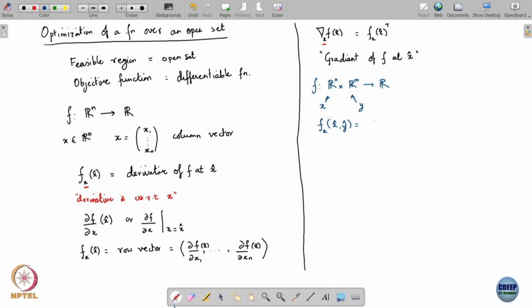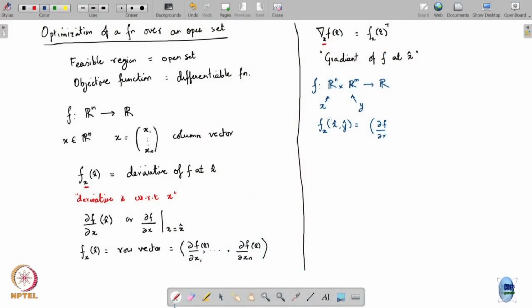It is a row vector. With how many components? N components, right? Because I am taking the derivative with respect to x here, and x has n components. So this is a row vector.